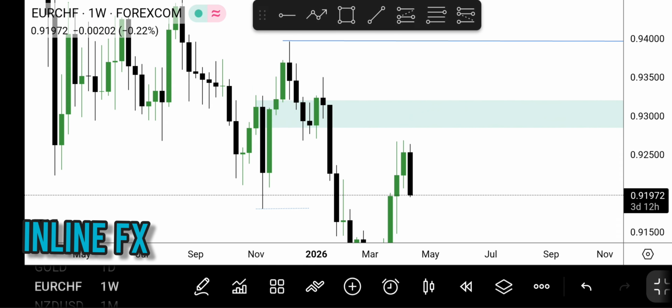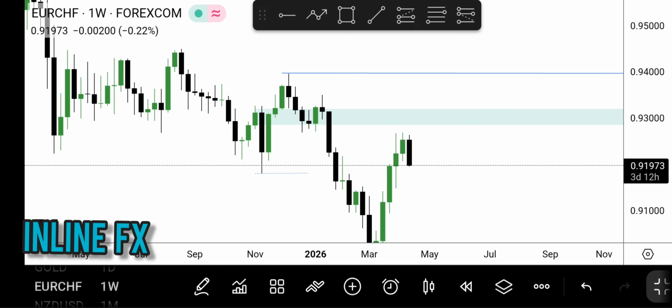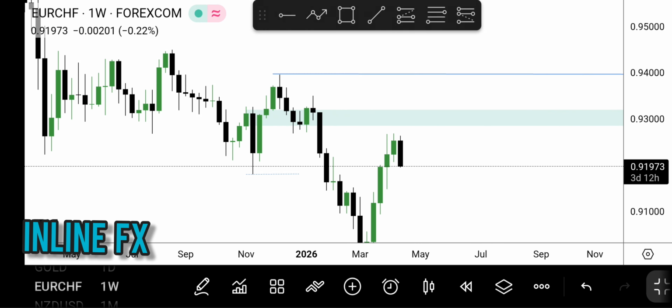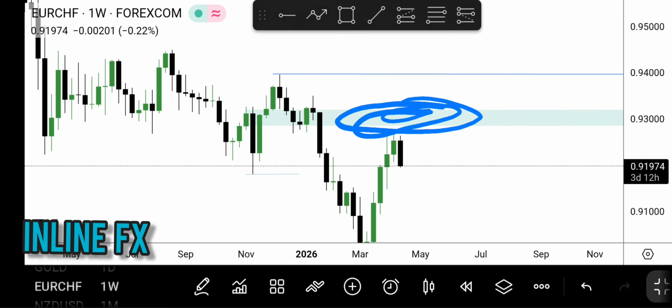So we want to see the weekly chart also in line with the monthly time frame. If we are having a strong zone on the monthly chart, then we have to look for a strong zone in the same area on the weekly chart.